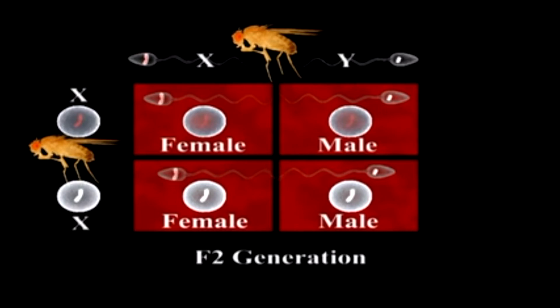The other 1/2 are white-eyed, inheriting the white eye gene from their mother's X chromosome and no eye color gene from their father's Y chromosome. The outcome of Morgan's Punnett square is consistent with the actual breeding outcomes.